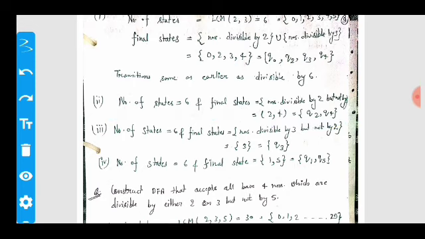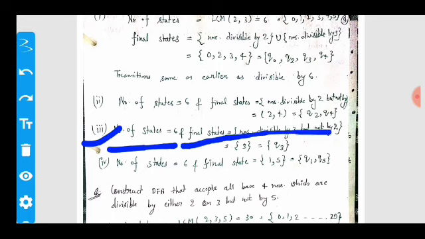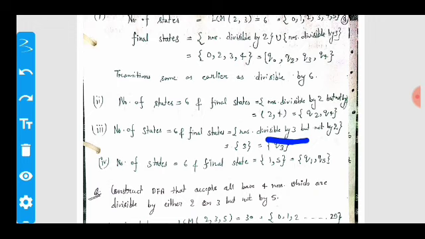And coming to the other, divisible by either 2 or 3, the number of states is the same, but the final state is that divisibility is given only 3, so we include only 3 as your final state.